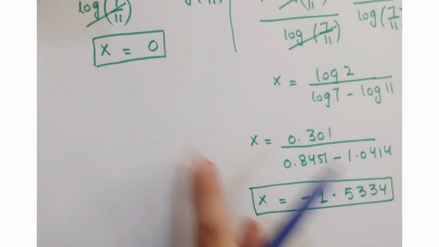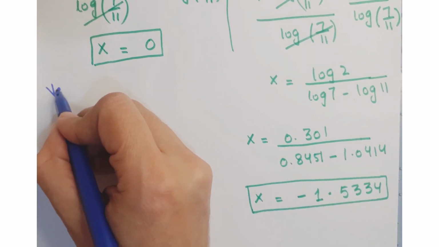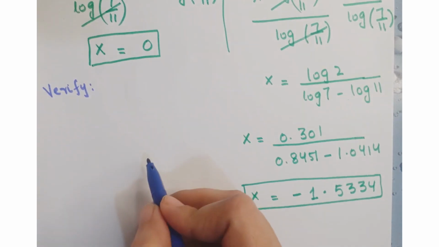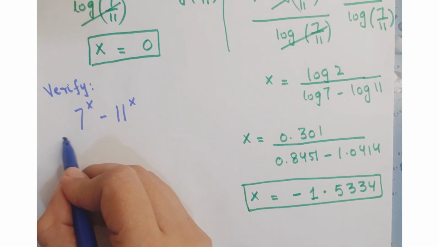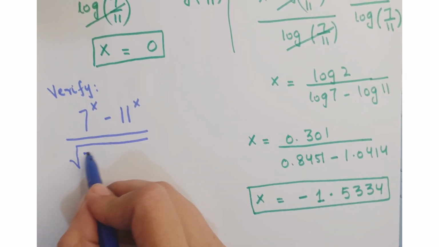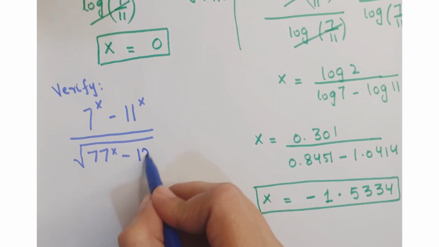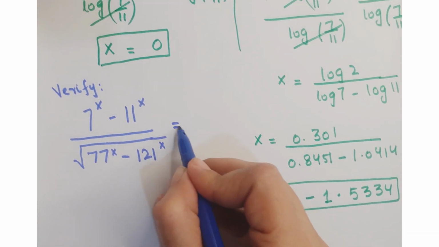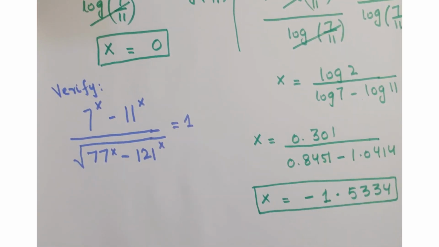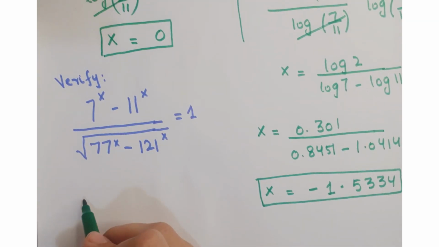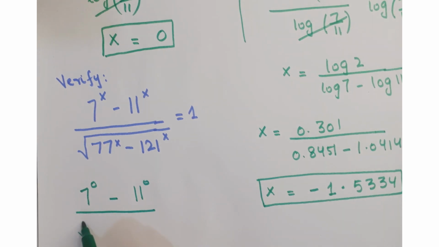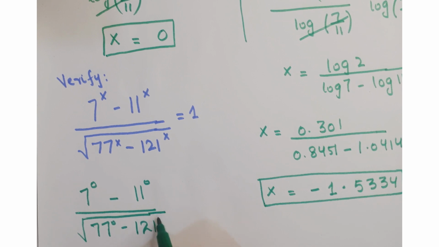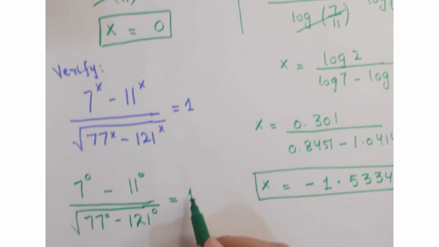Now, in order to verify whether our solutions are correct or incorrect, just put the values in the main equation. So, we have (7^x − 11^x) / √(77^x − 121^x) = 1. Now, putting the value 0 here, we have (7^0 − 11^0) / √(77^0 − 121^0) = 1.